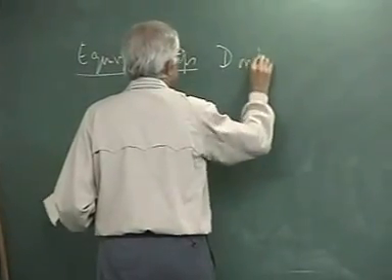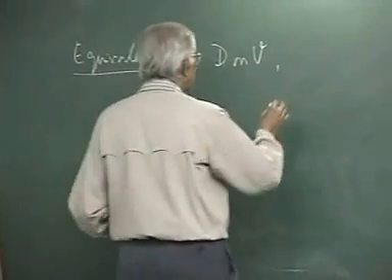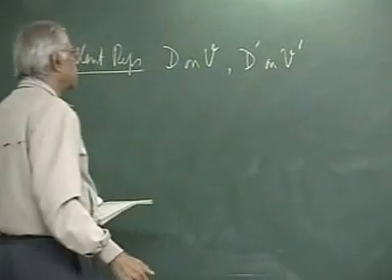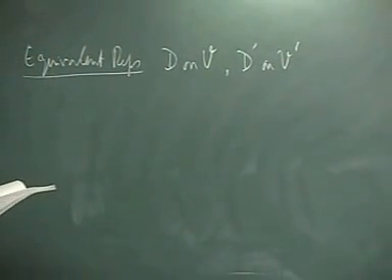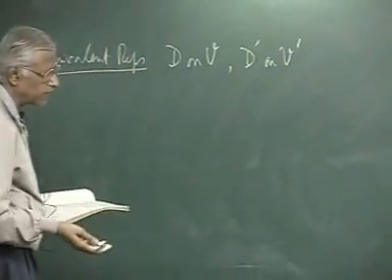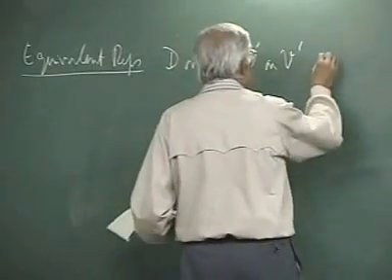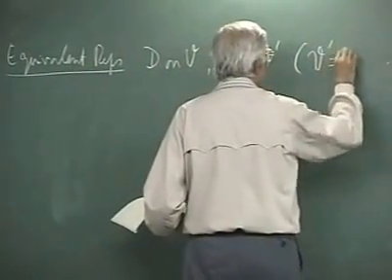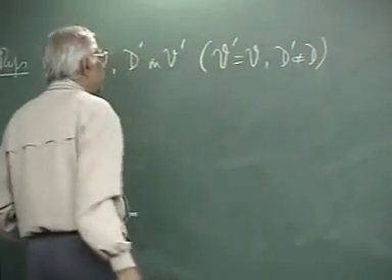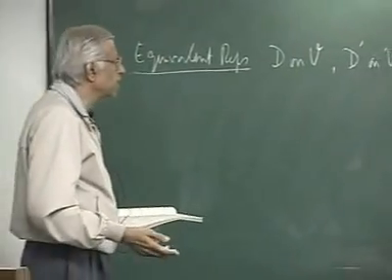Suppose I have a representation D on a vector space V and another representation on another vector space V prime. We will always assume both V and V prime are real or both of them are complex. Here is a special case which might occur, that on the same vector space we have two representations which to begin with look different.